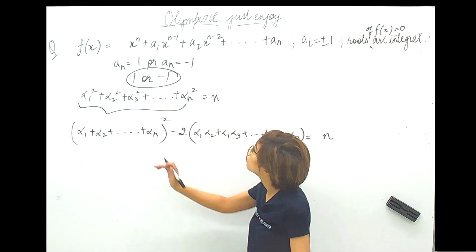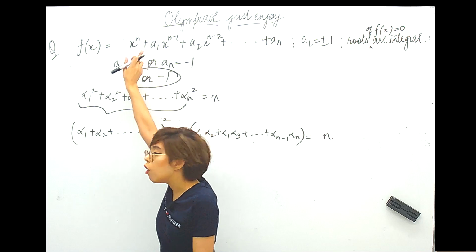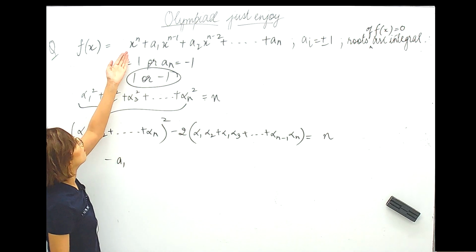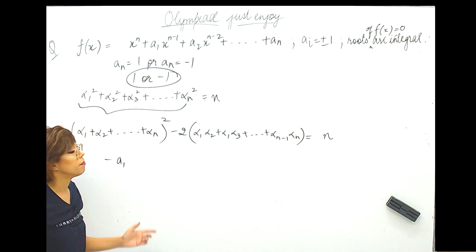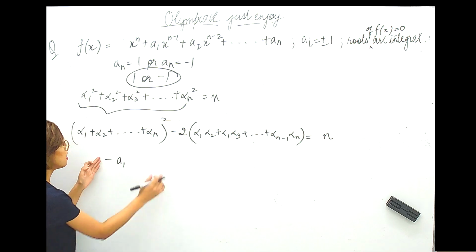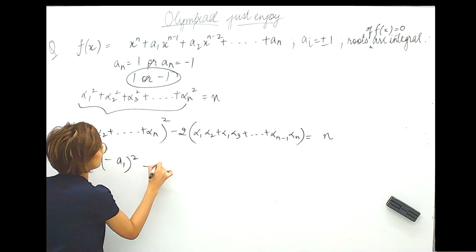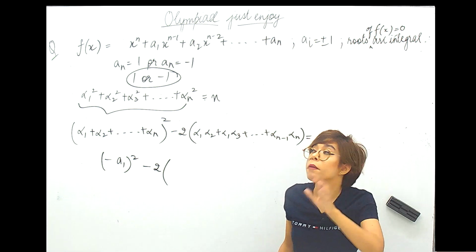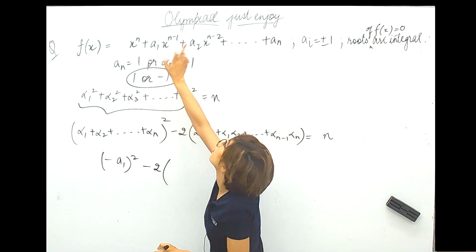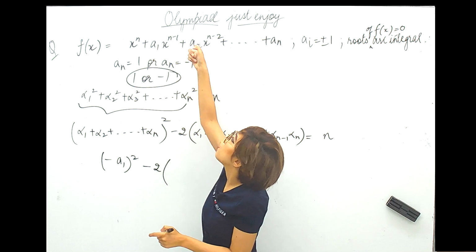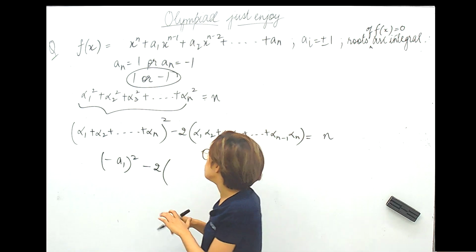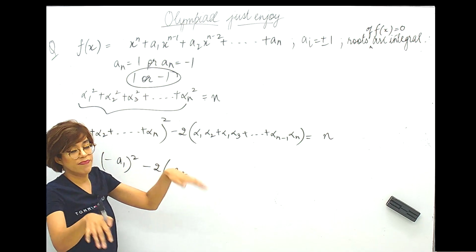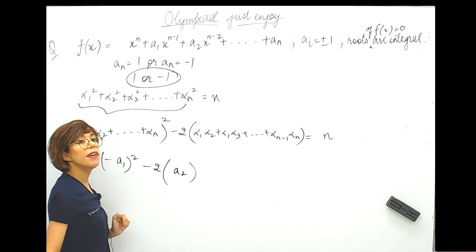Sum of zeros क्या होगा? हाँ, negative of a1 by a, अच्छा ये तो 1 ही है, a नॉट तो 1 ही था, तो by 1, राइट? ये मिल गया, इसका होल स्क्वायर करना, माइनस 2 into, अब सम ऑफ प्रोडक्ट ऑफ जीरोस टेकन 2 एट अ टाइम. यहाँ से तो सम मिलना था, यहाँ से मिल जाएगा, तो साइन चेंज नहीं होगा, तो माइनस 2 into a2 by 1, अगेन लिखने की जरूरत नहीं, राइट?